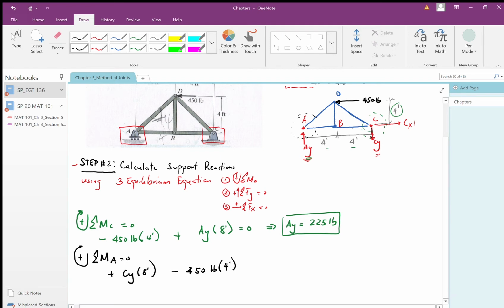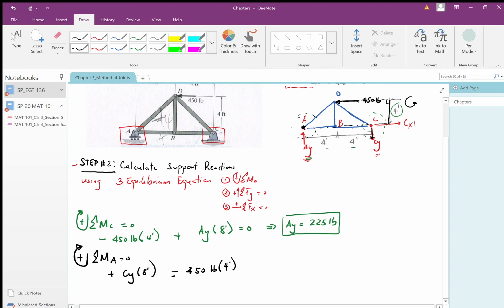Because now this is my 450 pounds, and it's 4 feet away from my point A. This is my point A going across this way, and I'm 4 feet away, and this is a force of 450 pounds. When this 4 feet comes in contact with this 450 pounds, it wants to rotate that 450 pounds that way, counterclockwise, which will be negative in our sense, because I've already told you in the beginning that I'm taking clockwise to be positive.